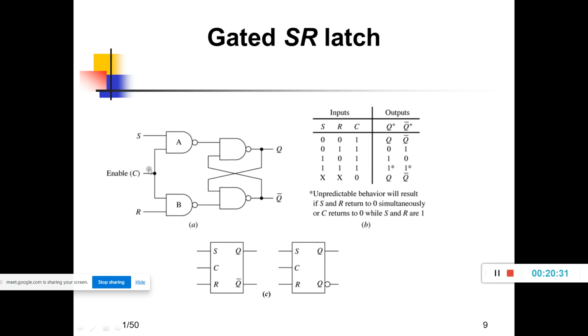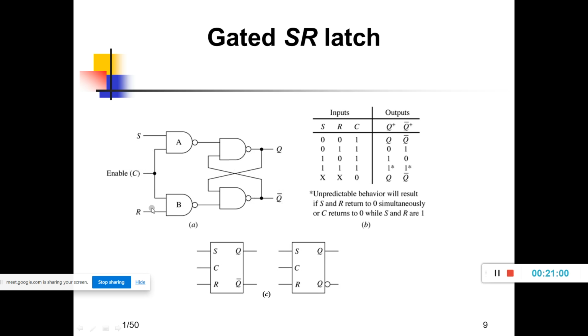So here this control signal will enable the S and R inputs when they should be effective. Whenever the control signal is high, that time only if SR inputs change, then only it will affect the Q and Q bar. If control signal is 0, even if there is a change in the input of S and R, it will not affect the Q output.